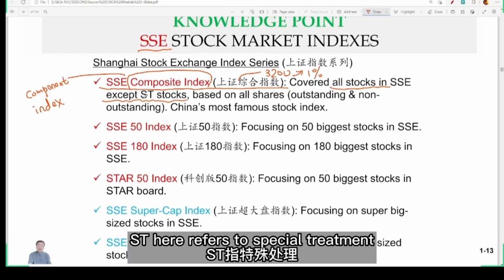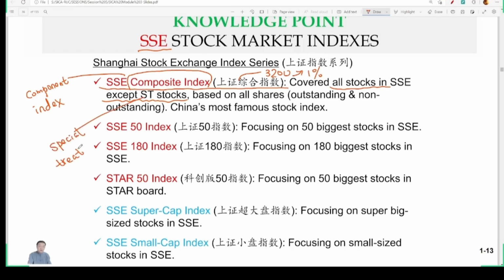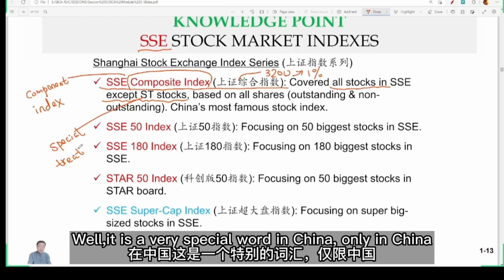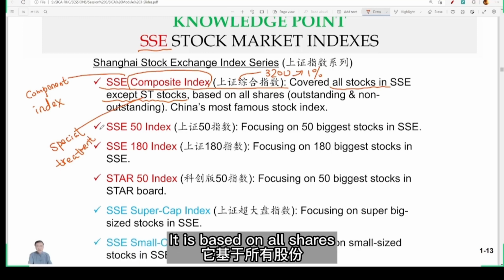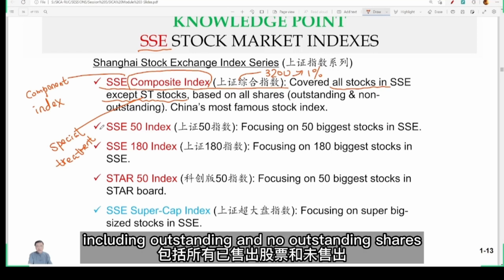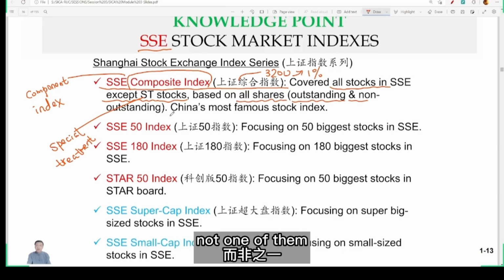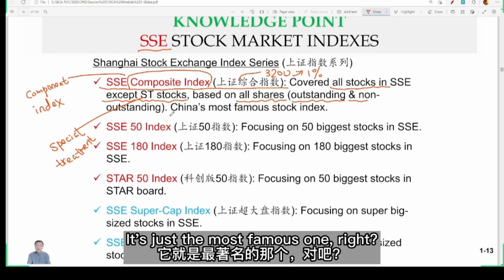ST here refers to special treatment. It is a very special word in China, only in China. It is based on all shares, including outstanding and non-outstanding shares. So this is China's most famous stock index, not one of them. It's just the most famous one.